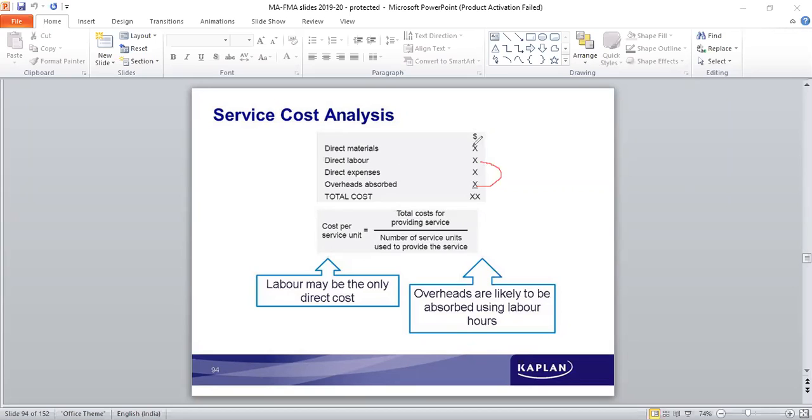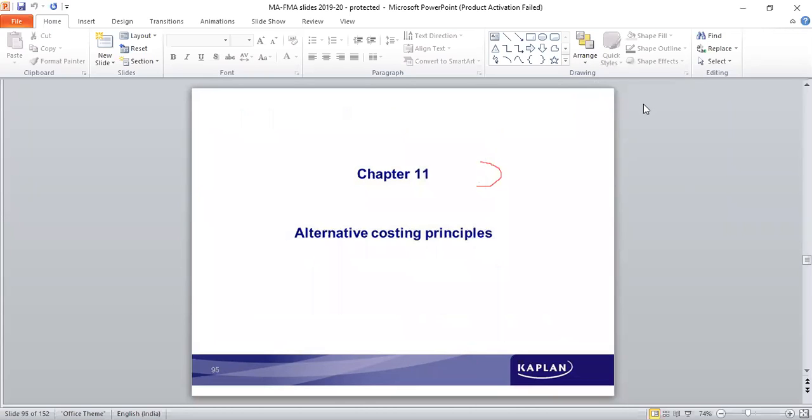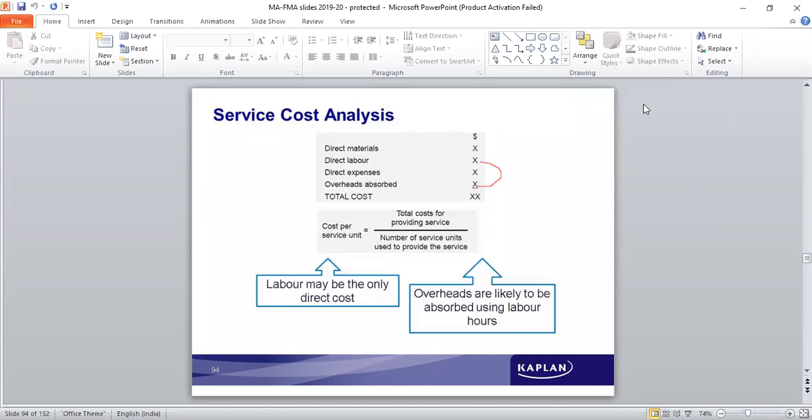But otherwise, it's an accumulation of all the costs, accumulation of the total cost. Total cost divided by the number of units of services which are provided. That gives us the cost per unit of service provided. Nothing special about that. It is just basically adding up all these things and then dividing by the number of units.